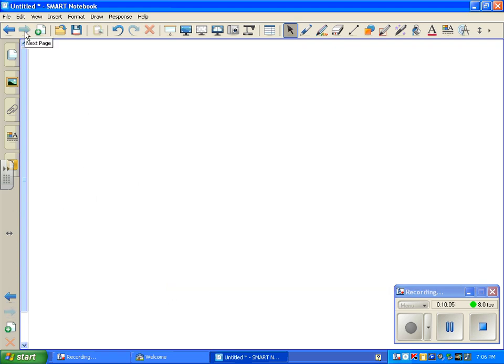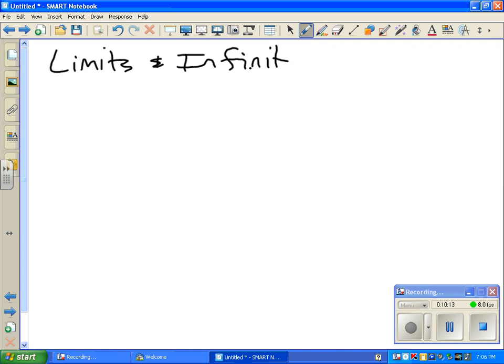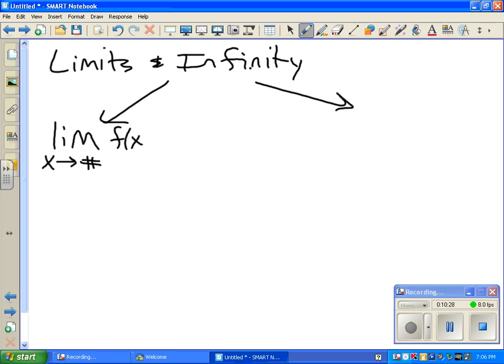Last thing we'll talk about is the idea of limits and infinity. There are two different types of problems here. In the first type, we have a limit as x approaches a number a, and the answer comes out to be infinity or negative infinity.